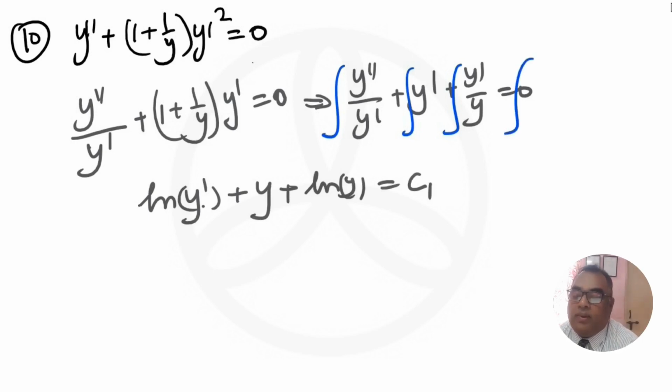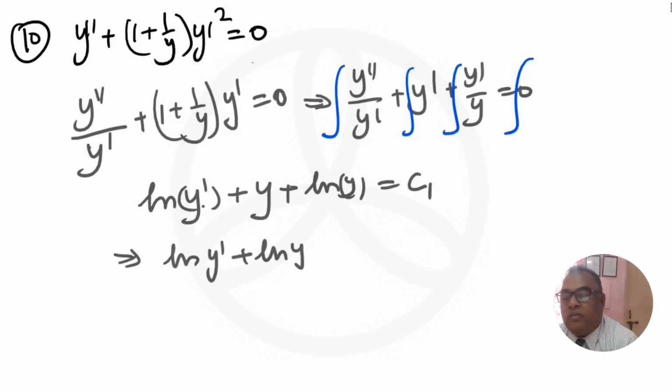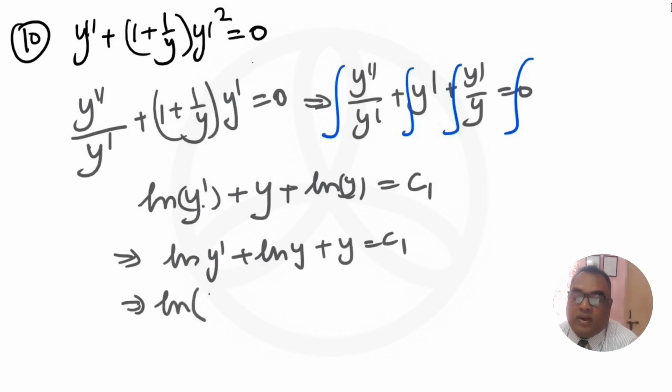Now we can bring both the logarithm items together: ln y prime plus ln y plus y is equal to c1, and we know with the logarithmic rules that this can be multiplied in one log, and we can write y prime y as c1 minus y. Now we will have to make use of anti-log.